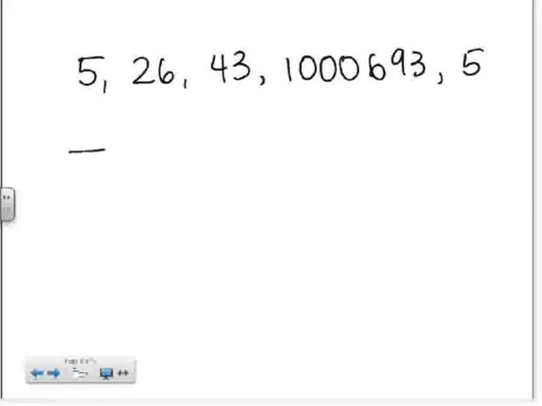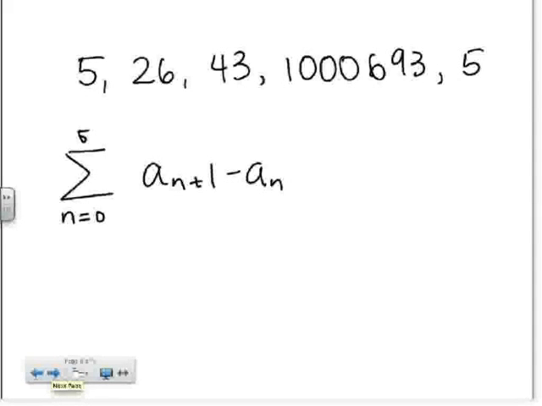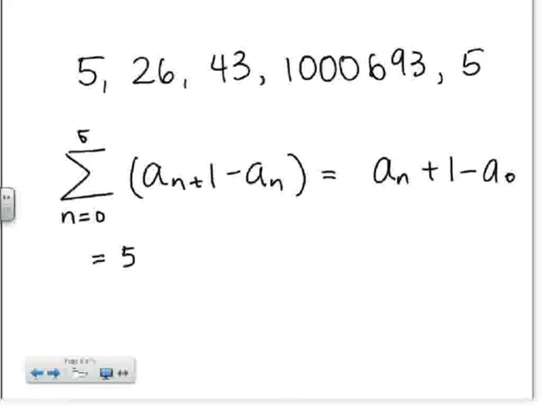Thus, we shall utilize the telescoping sum, which would be the sum of n starting at 0 to 5 of a sub n plus 1 minus a sub n, which would be equal to a sub n plus 1 minus a naught, which would also equal, in this sequence, 5 minus 5 equals 0.